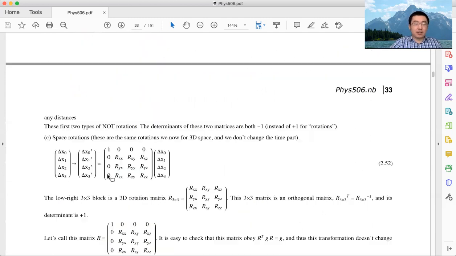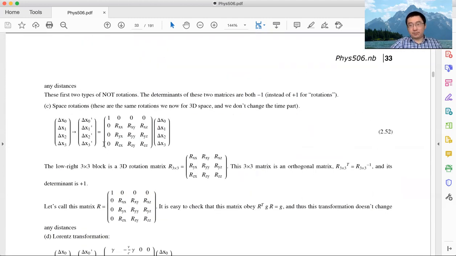The third one is spatial rotation. This is our old friend, the 3D space rotation. The time axis does not change, it is 1, but the three spatial dimensions change according to a spatial rotation matrix. This 3x3 block is just one of the 3D spatial rotation matrices we discussed earlier.